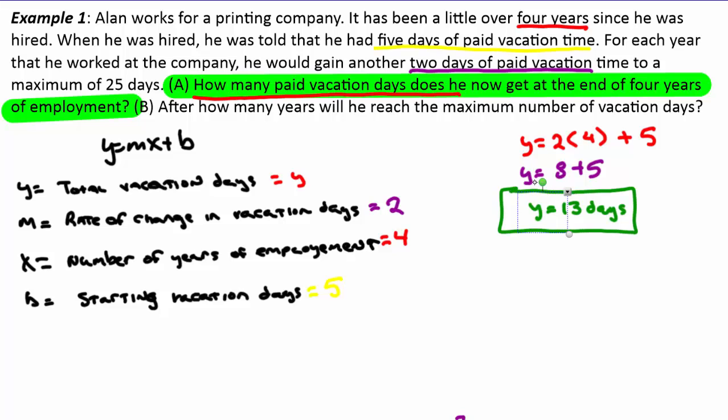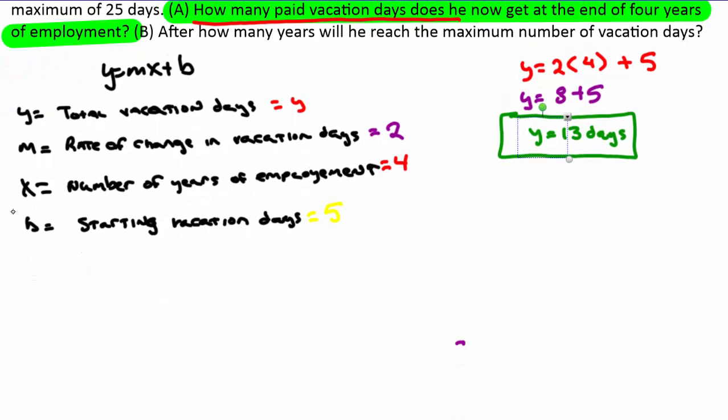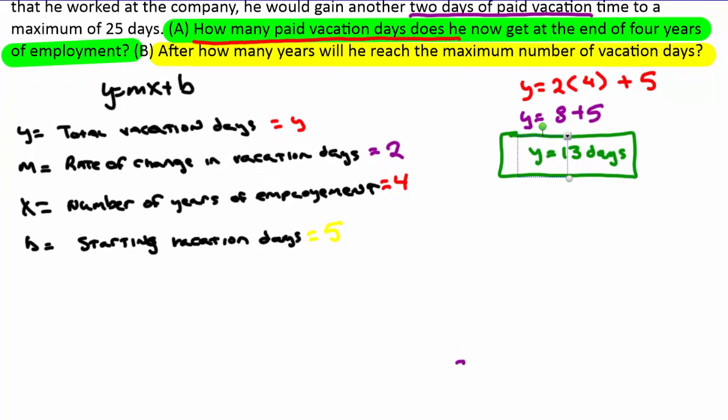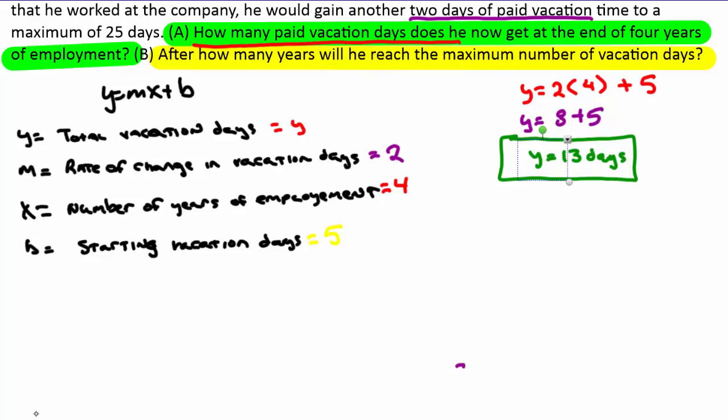Now let's move on to question B. We need a little bit more room, so I'm going to slide down here a little bit. But we're answering letter B now. That's after how many years will he reach the maximum number of vacation days? So from our question, the maximum number of vacation days, let's put all of our variables down here first so that way we can keep referring to them.